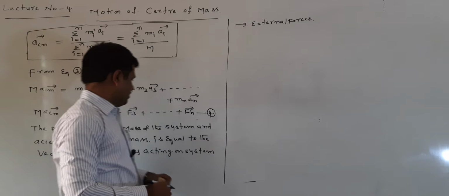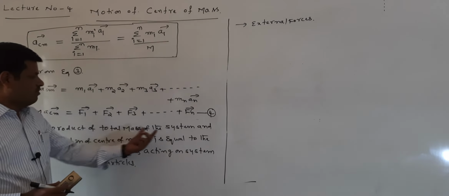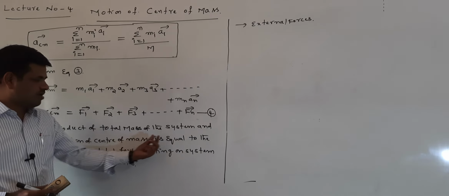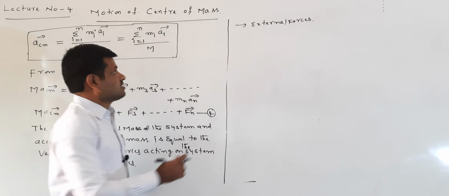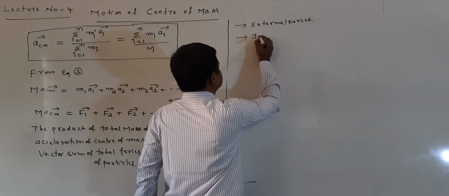We know that the product of the total mass of the system and the acceleration of the center of mass is equal to the vector sum of the total forces acting on the system of particles. In this, some forces are external forces, and some forces are internal forces.